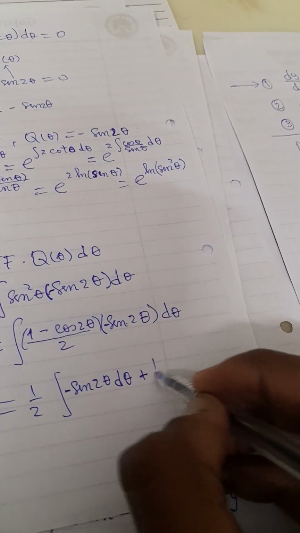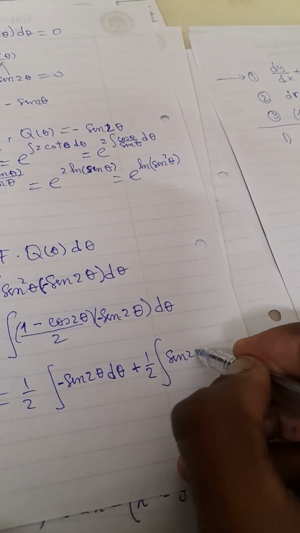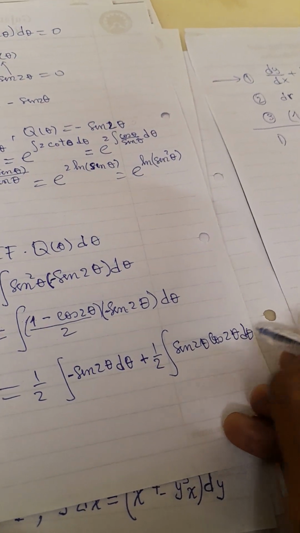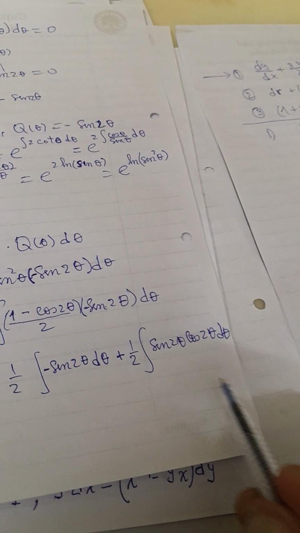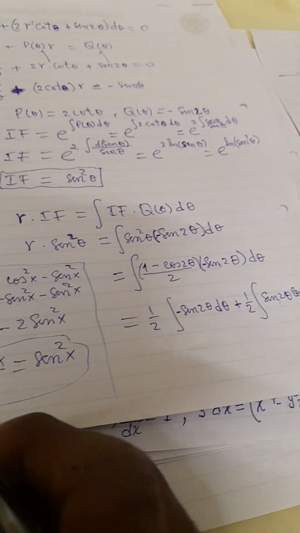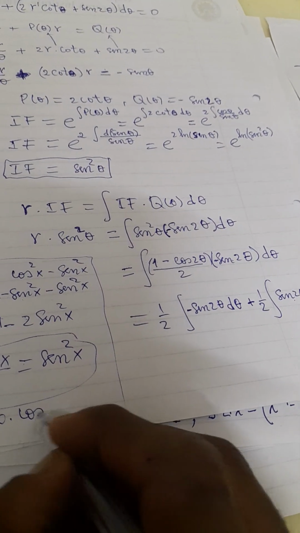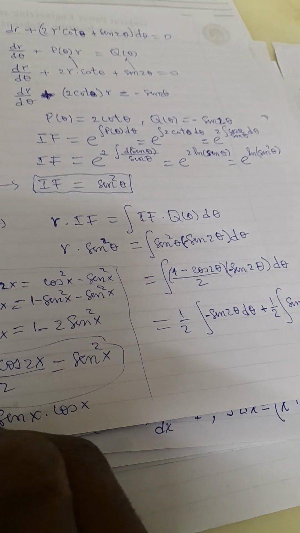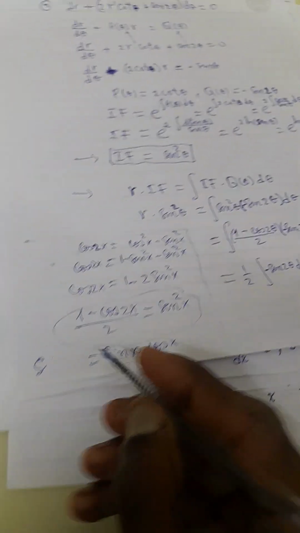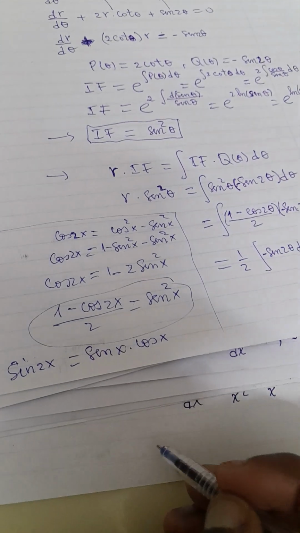This and this will be positive. This will be plus 1 by 2 integral of sin of 2 theta and cos of 2 theta d theta. See, here you have sin of 2 theta, cos of 2 theta. You know that sin of x times cos of x is related to sin of 2x.